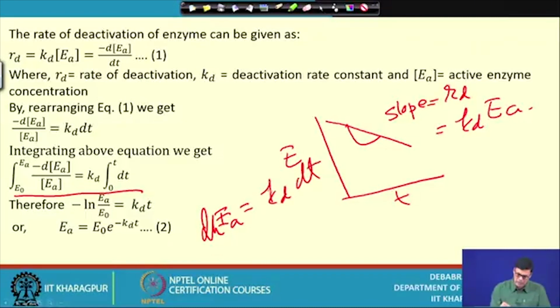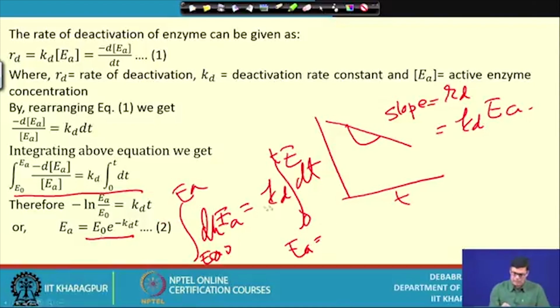Now if you integrate from 0 to t, and EA0 to EA, then what we will get? ln of EA by EA0 equals minus KD t, so EA equals EA0 into e to the power minus KD into t. This minus sign will come here. So you can easily find that out.